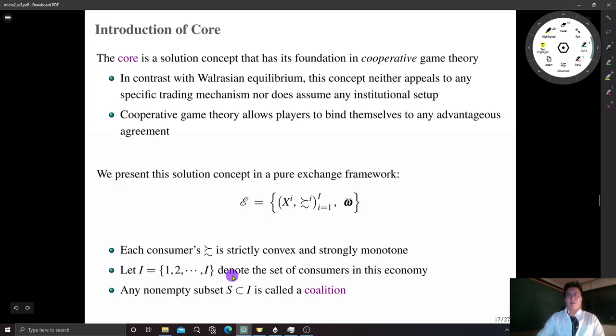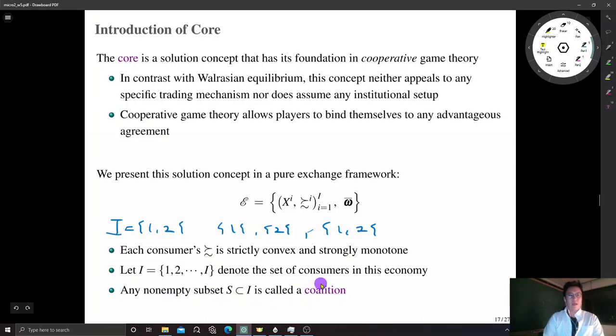Okay, so if we have just two consumers, so set I is 1 and 2, then there are a total of three possible coalitions. 1, 2, so each consumer now acts individually, do not make some joint coalition. Okay, and then 1 and 2. So we have three possible coalitions. Once again, the empty set is not counted as a coalition.